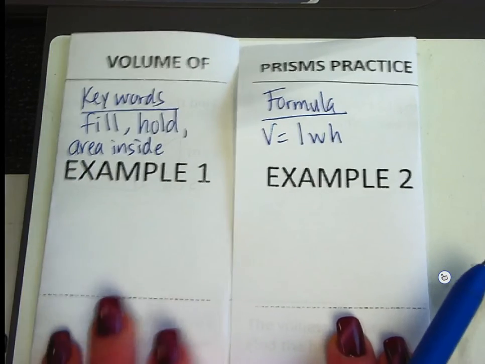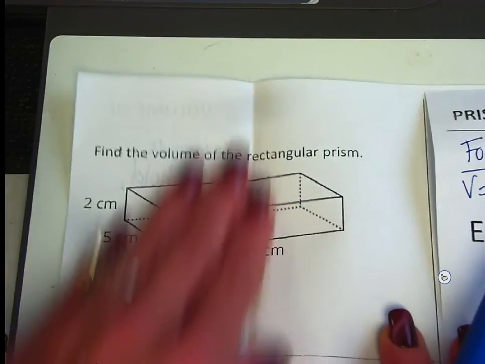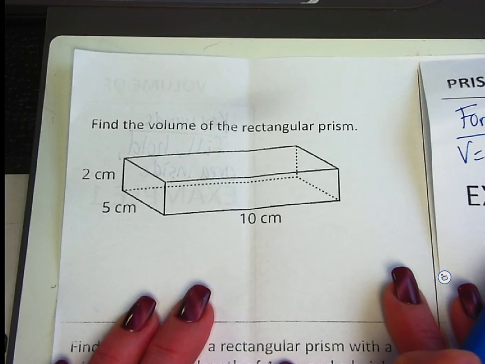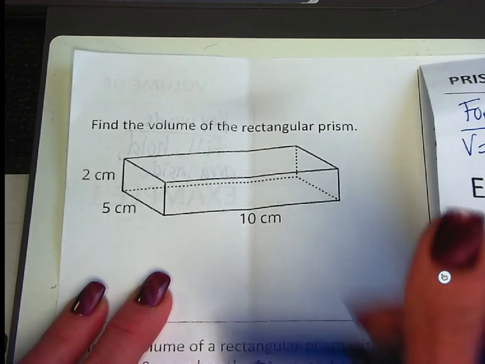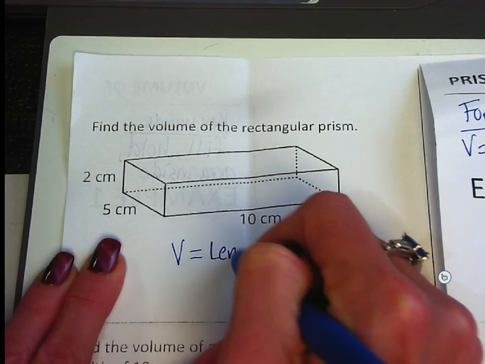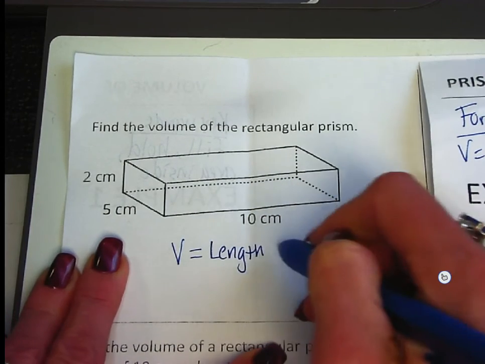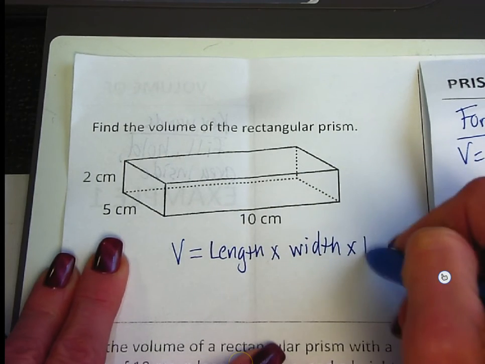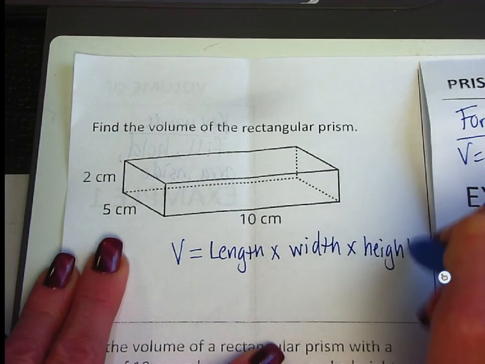So we're going to start with example 1. Open up your foldable. We're going to find the volume of this rectangular prism by applying the formula. Volume is equal to, and we're going to write it out for the first one, length times width times height.